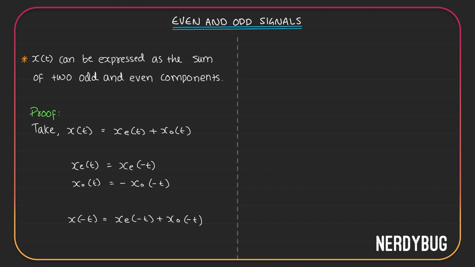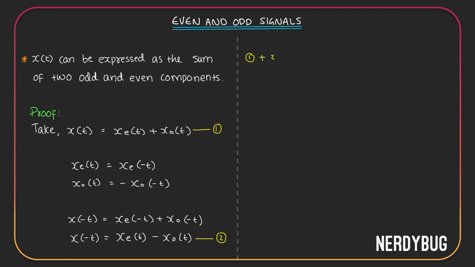We changed all the t's to minus t. But then xe of minus t will be the same as xe of t because it is an even function. Xo of minus t, since it is odd, will be minus xo of t. So this is what we get here. Let's call this one equation number 1 and this one equation number 2.